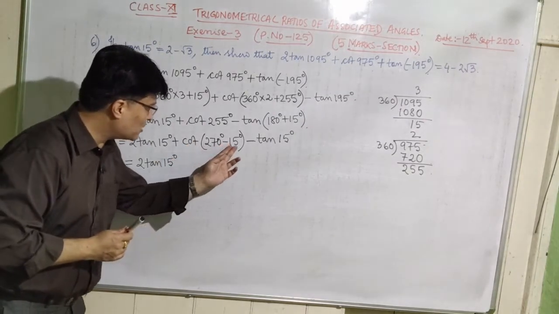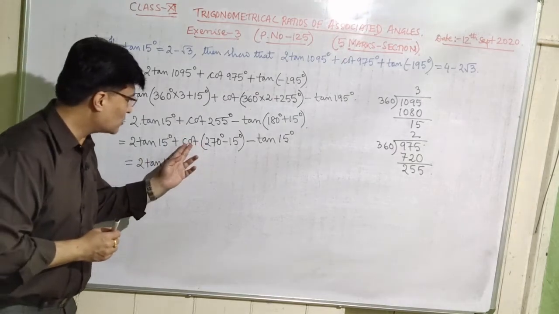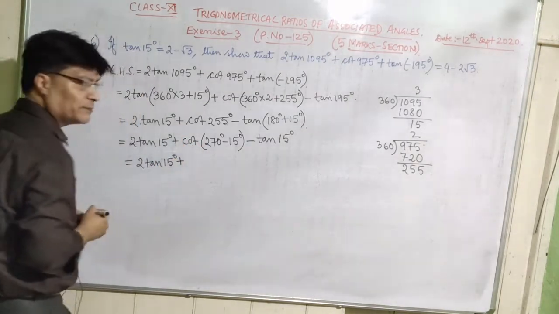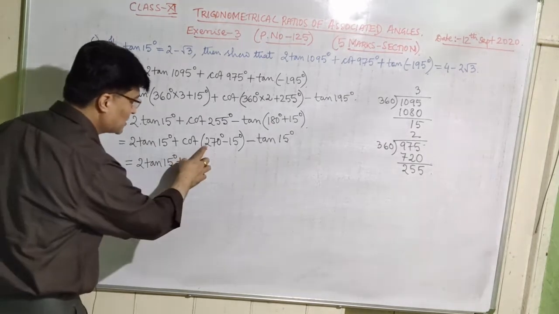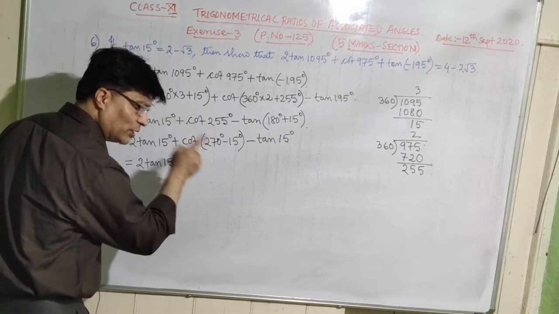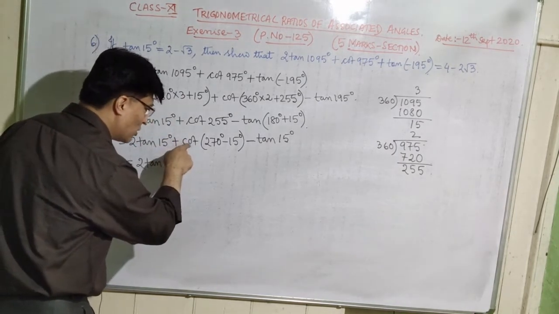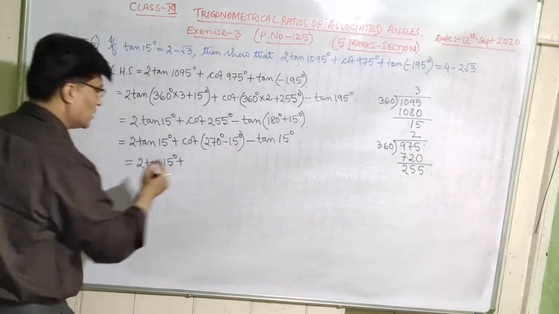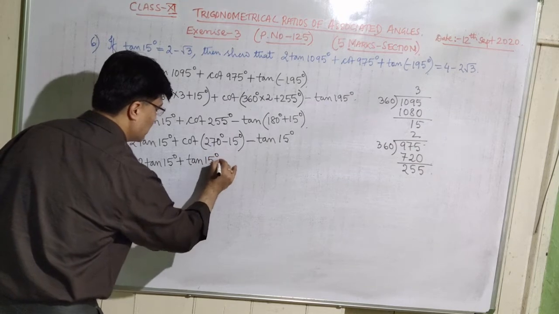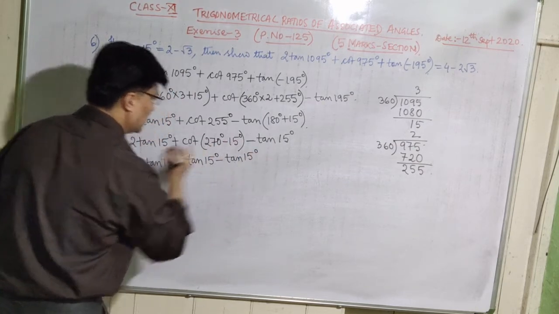This 270 minus theta lies in the third quadrant, and in the third quadrant cot is always positive, so you should write here plus. And since 270 is 90 into 3, an odd multiple, this cot changes to tan, so it is tan 15 degree. So it is tan 15 degree minus tan 15 degree.